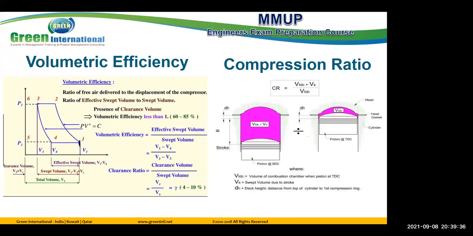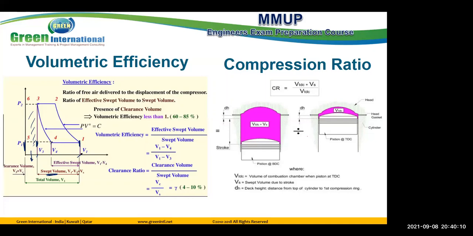From 1 up to the end, this is the total volume. But from 1 up to the maximum volume you can use, this is swept volume. The rest is not used; it is clearance volume, this area. From this point to this volume is the swept volume. 1 to 4 is the effective swept volume.